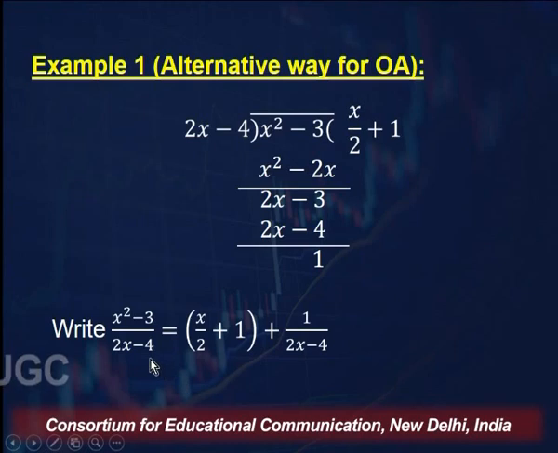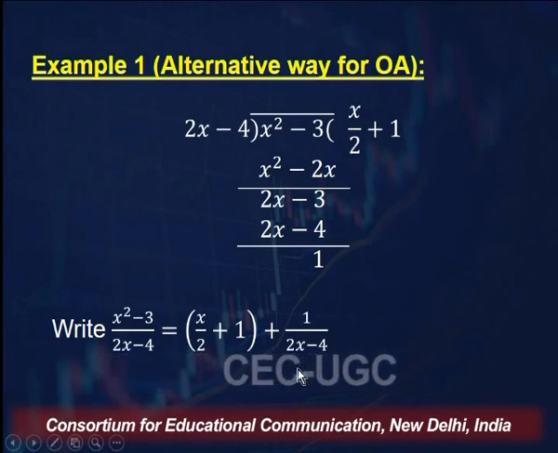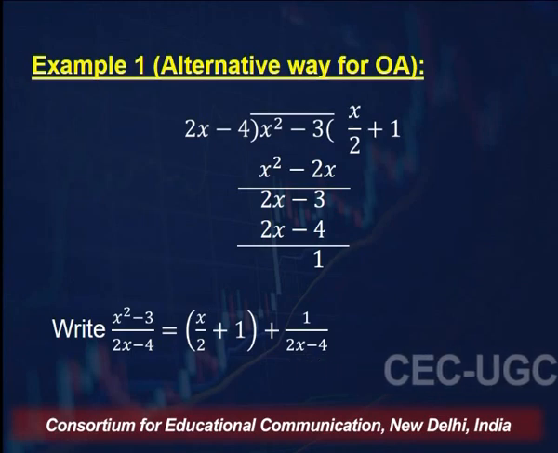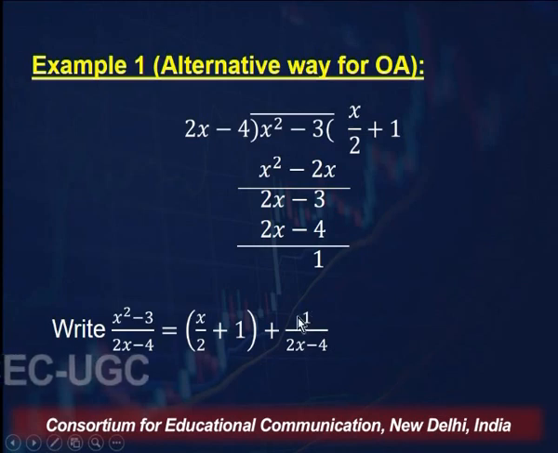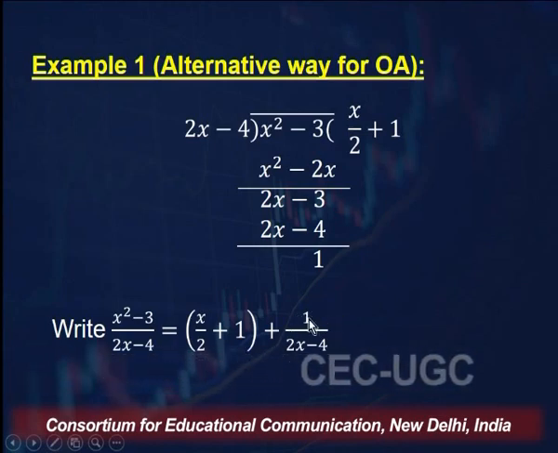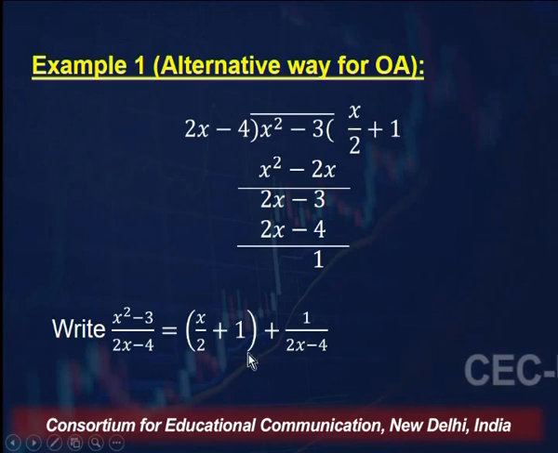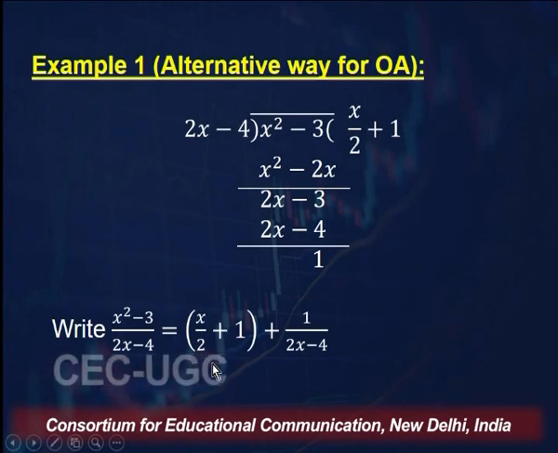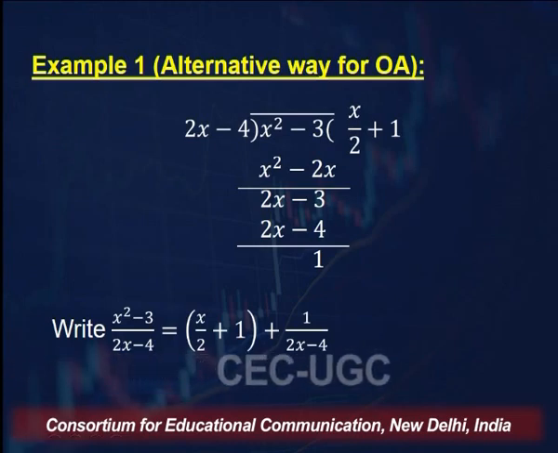So now when you write your rational function in this way and you apply the limit as x tends to infinity or minus infinity, you see that the second term on the right will tend to 0, right? And this function will then approach x by 2 plus 1, which is then our oblique asymptote.